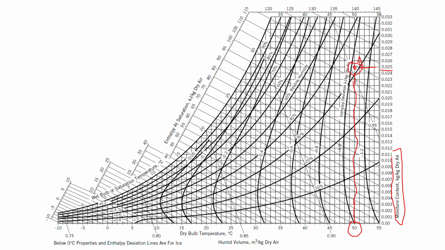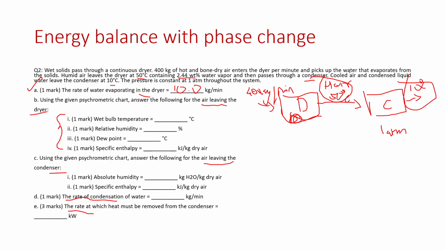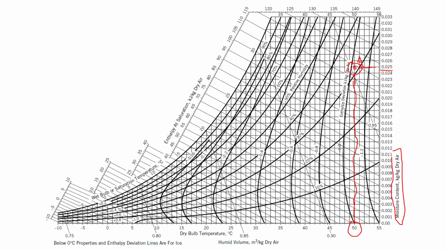To find the wet bulb temperature, that is what they have asked in the question first, wet bulb temperature. So can anyone say how this will be found? Okay, so we should extend this point along these slanting lines, which I am showing in these dotted lines, and this dotted line should be vertically extended down.